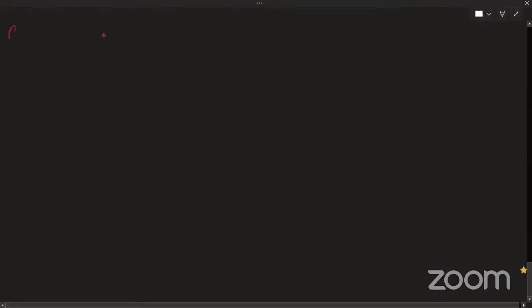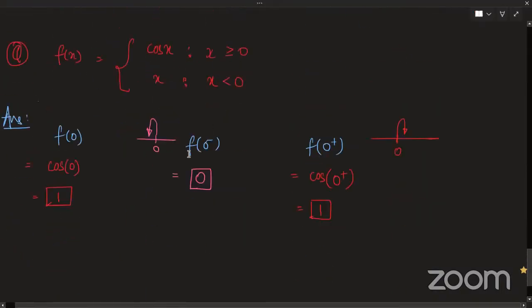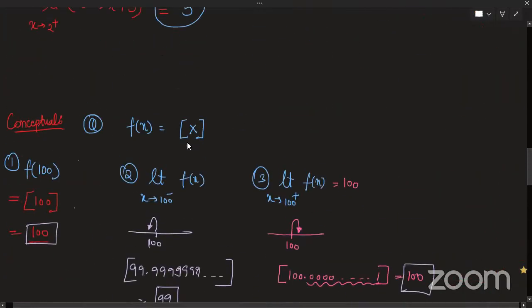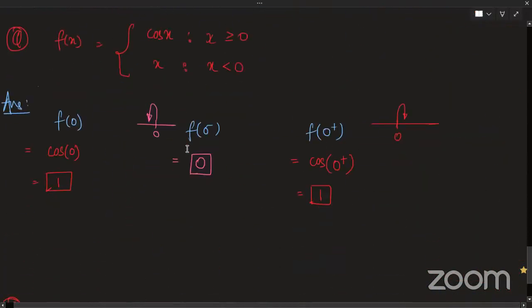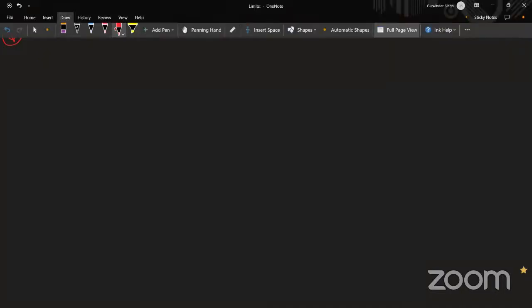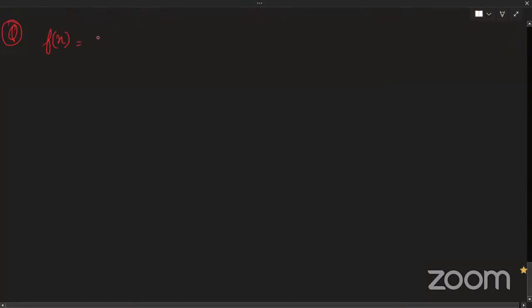So I'll just combine both of these questions. Just a minute. Okay. This one will be really good for you to understand the concept of limit. So I have a function f of x that is equal to greatest integer function of the fractional part of 2x.